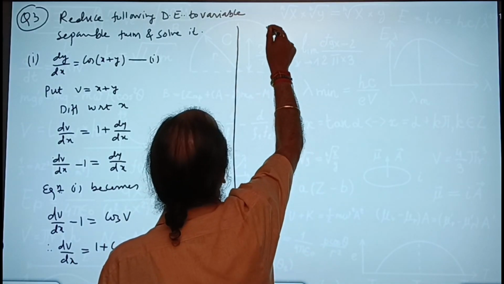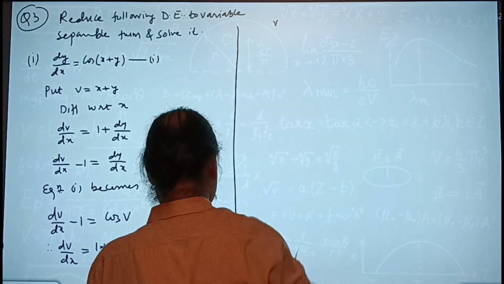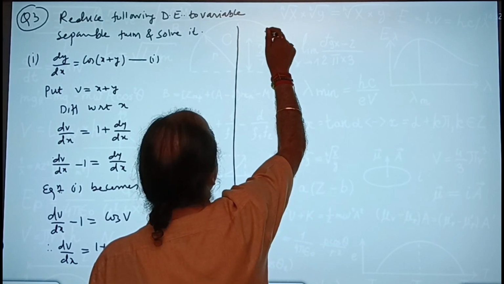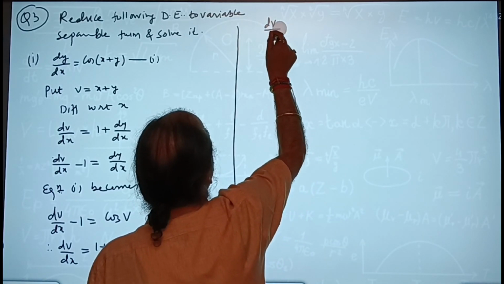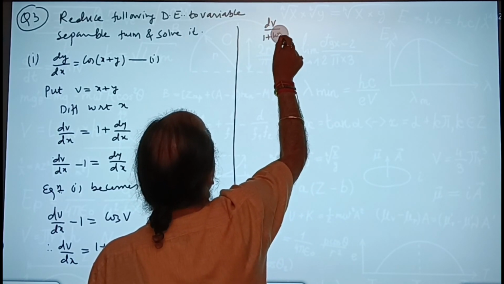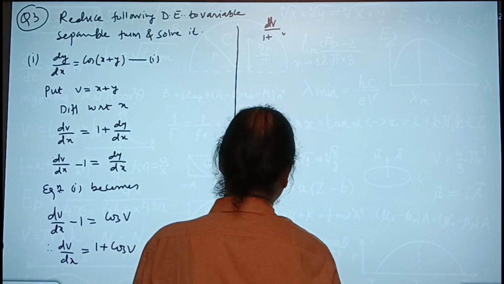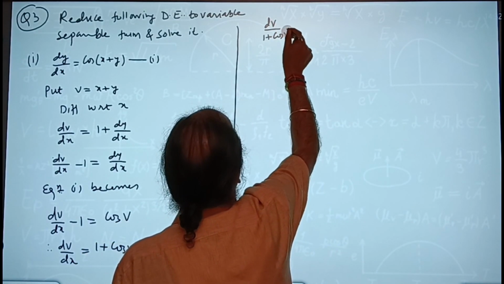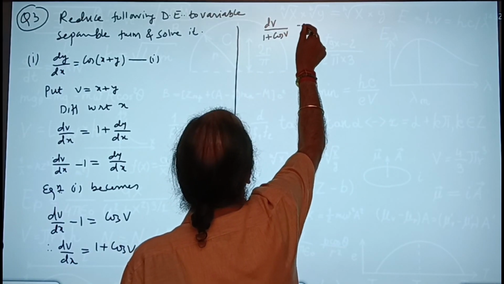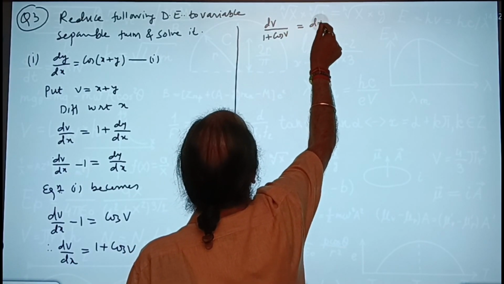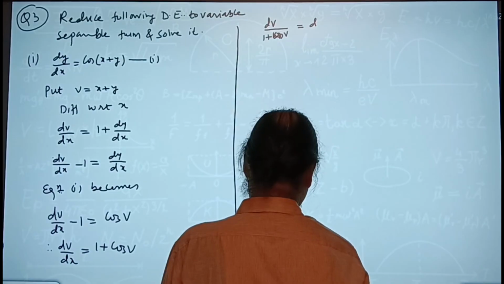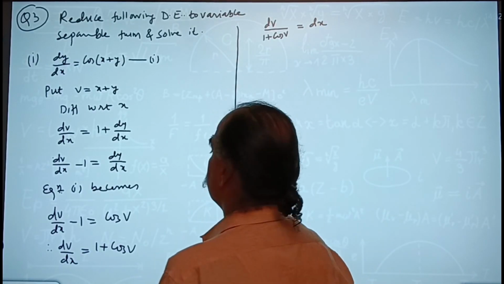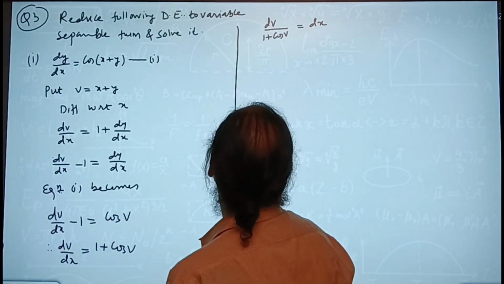So dv upon 1 plus cos v is equal to dx. Now we can integrate it.